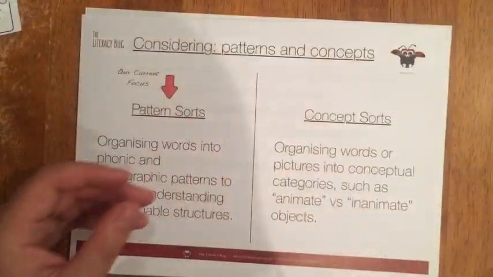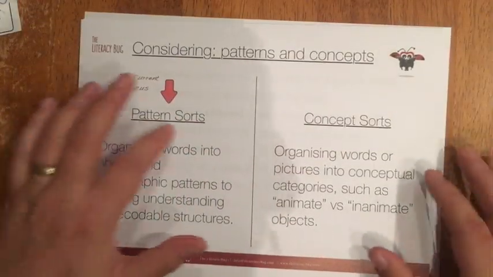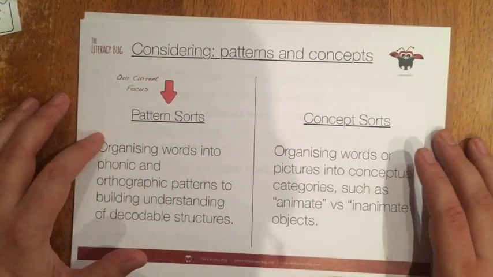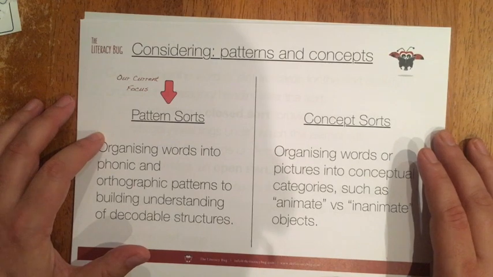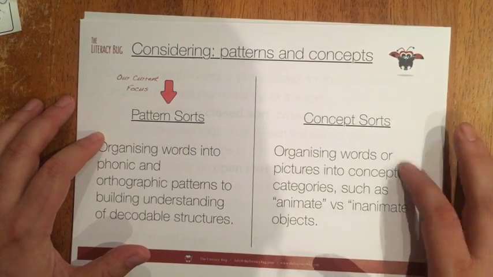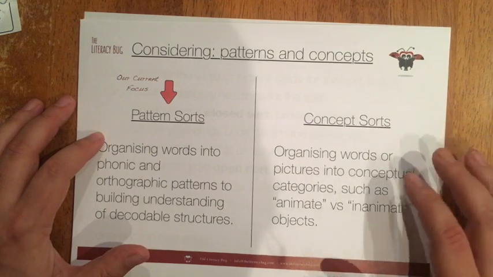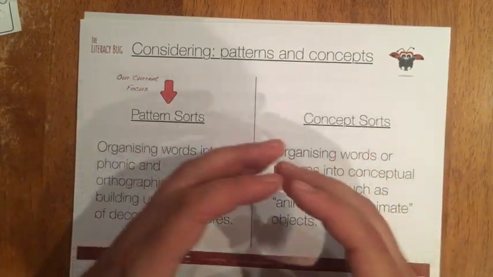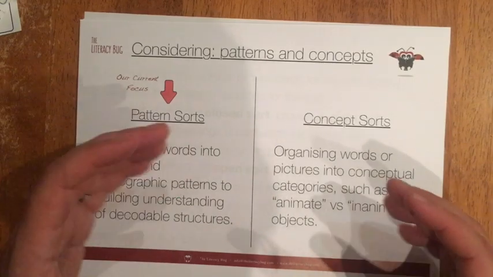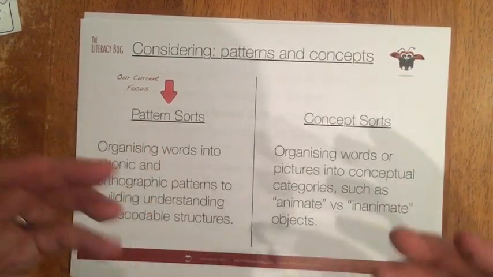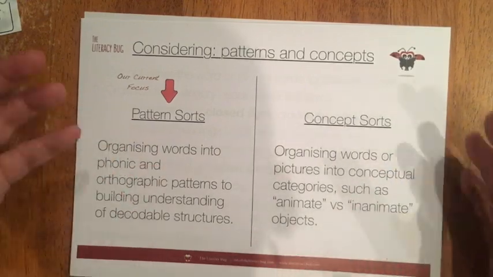And one thing that we focused on heavily in this presentation is pattern sorts, sorting words based on patterns. But we shouldn't disregard a really important other way of using sorts, and that's concept sorts. And that is, I'm organizing whether pictures or words into conceptual categories. So the example I put here is animate and inanimate. So it's not a decoding or spelling activity, it's exploring meaning.